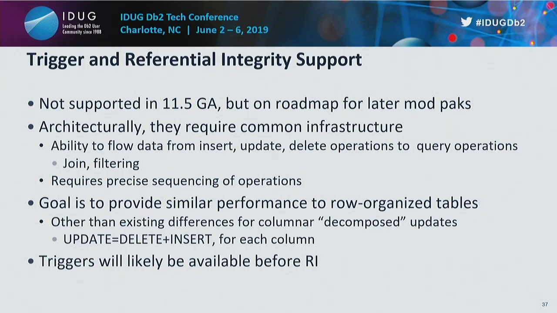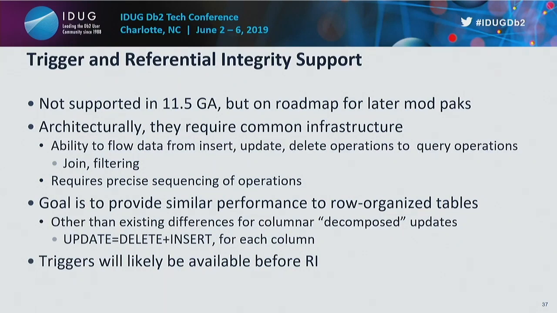It's basically like being able to select from an insert, update, and delete, so that newly changed or deleted data can be checked to see whether it should fire any triggers or enforce any referential integrity constraints, and that infrastructure will be built to support both triggers and RI.